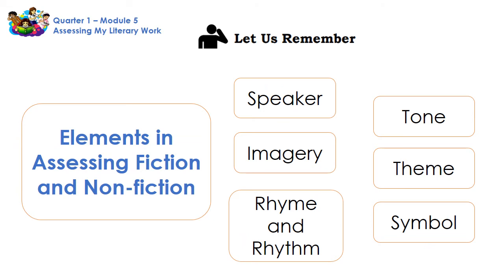As we are about to wrap up our lesson, let us remember that there are 6 elements in assessing fiction and nonfiction. Speaker, imagery, rhyme and rhythm, tone, theme, and symbol.